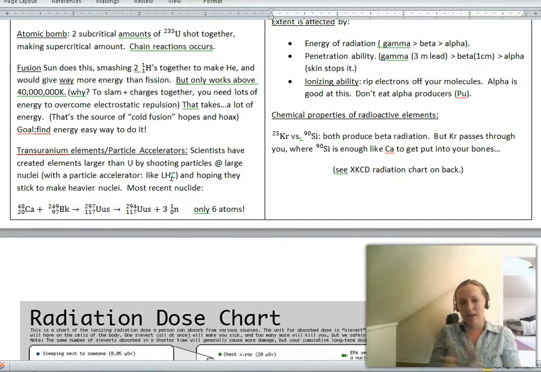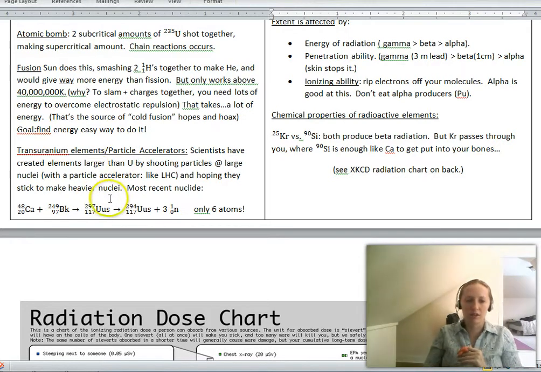And when they smash together, if you have organized things properly, you can smash together two smaller nuclei, like calcium and berkelium, and you can end up with a larger nucleus if you make them hit hard enough.